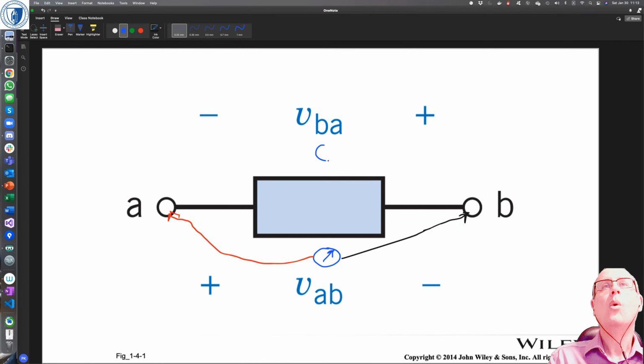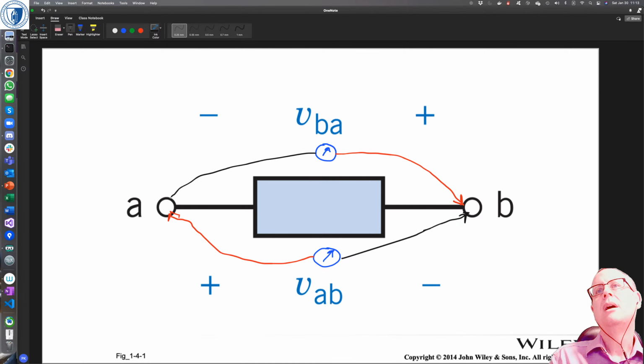Or we could take a meter and connect the red probe up to B, and connect the black probe up to A, and we'd get VBA.